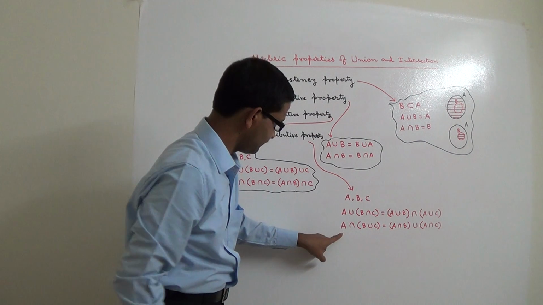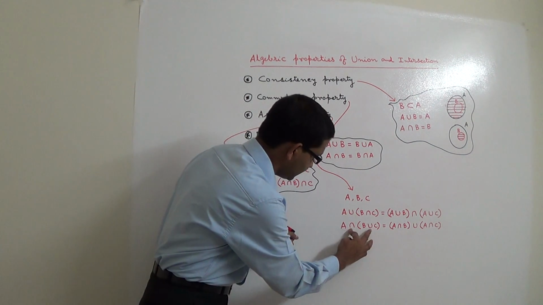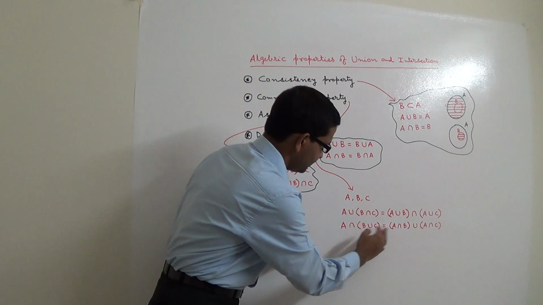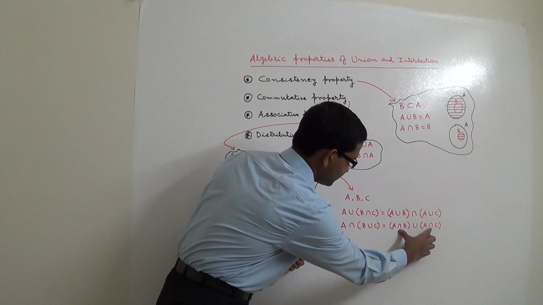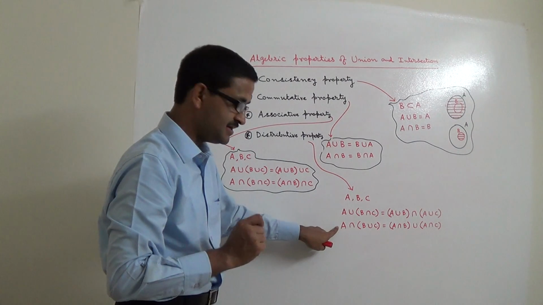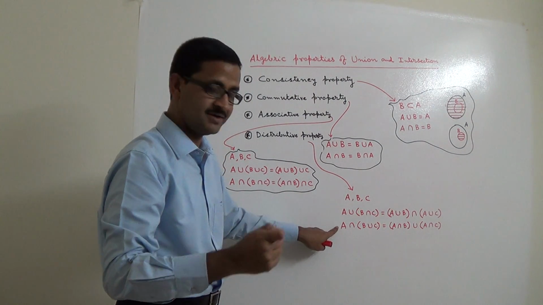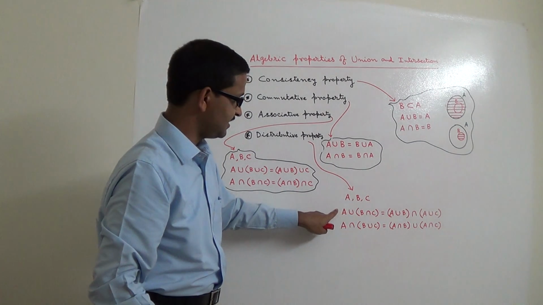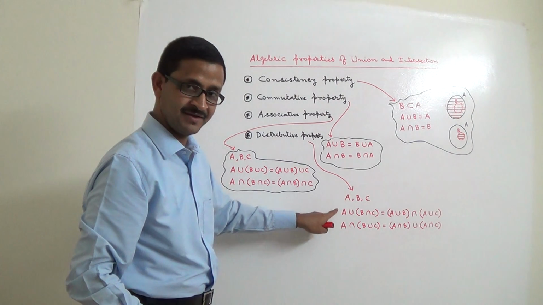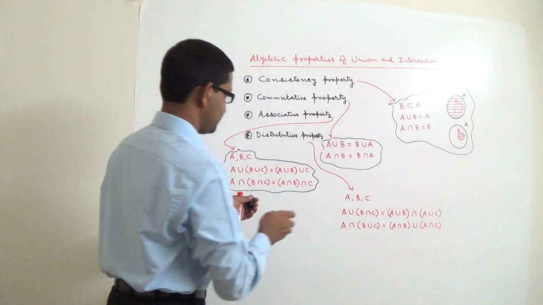In the other one, the left hand side has one intersection and one union, and the right hand side has two intersections and one union. That means in this case intersection is getting distributed over union. In the first case the union is getting distributed over intersection. It is getting distributed, that is why it is known as the distributive property.